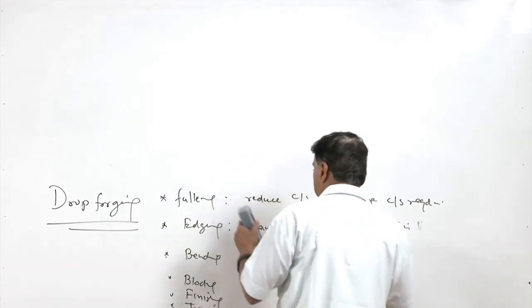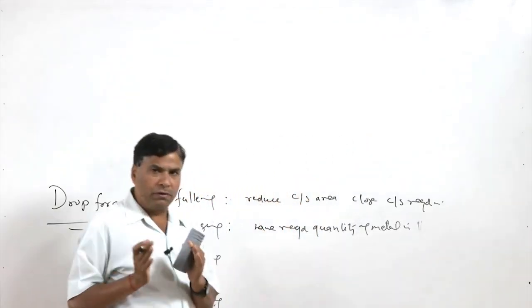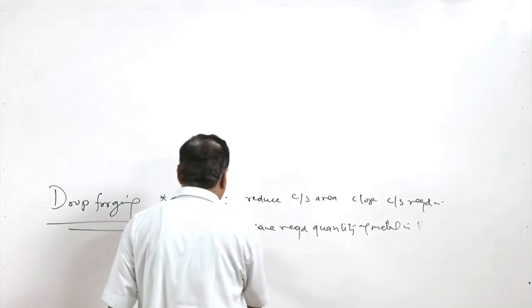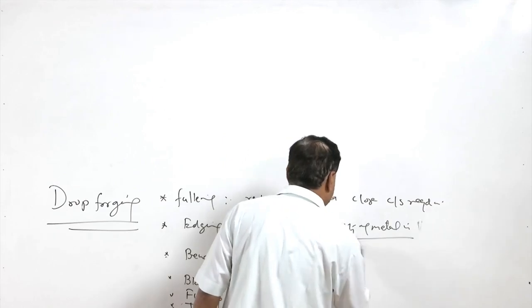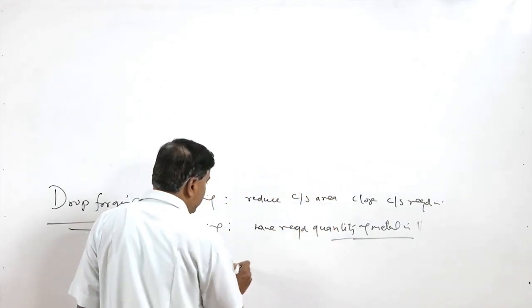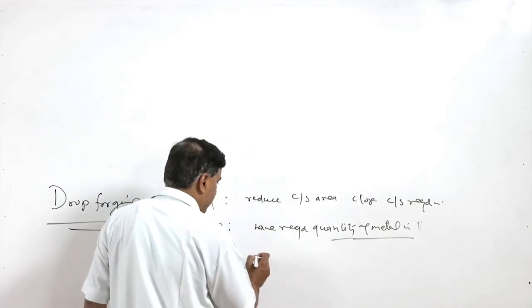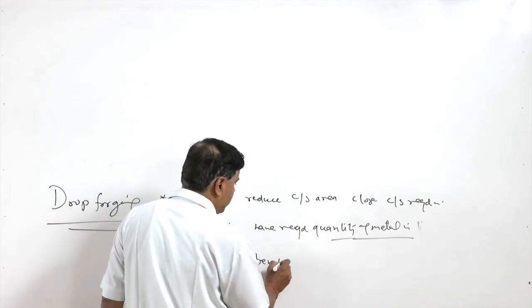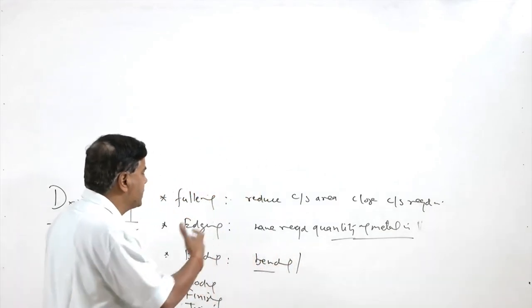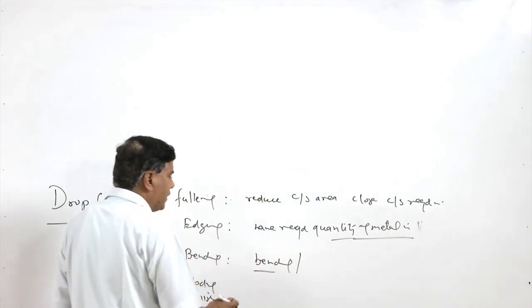So, whatever is the amount of metal desired in the final product, that is what is distributed in the edging process, and that is what is limited to the requirement in the bending as per the shape of the product.